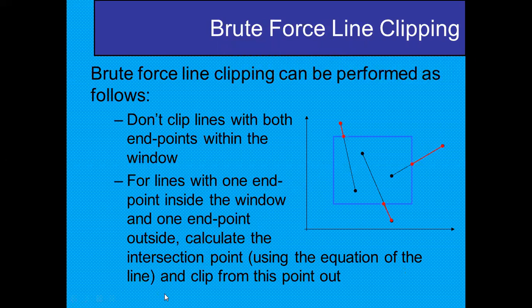After that, we will clip from this point out, the portion which is lying outside. So first we calculate the intersection point, and with the help of the intersection point we clip the portion which is lying outside. In this case we use the equation of the line.